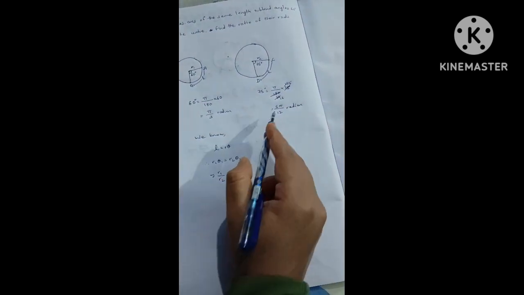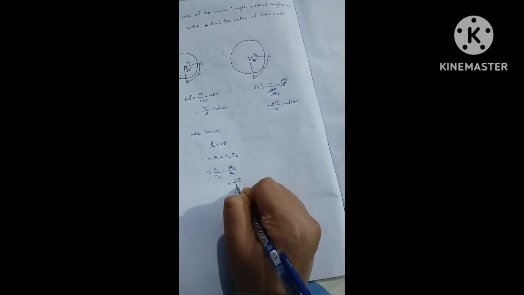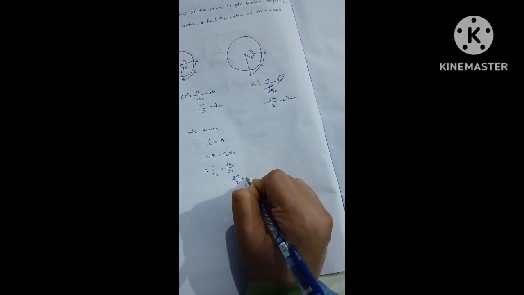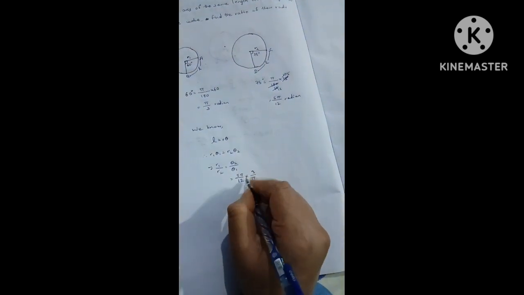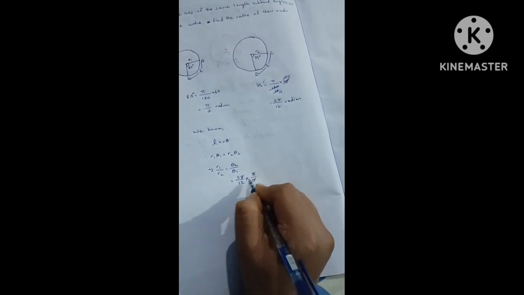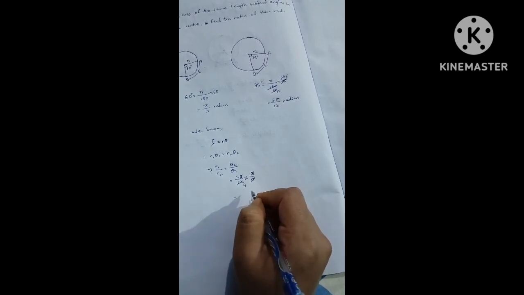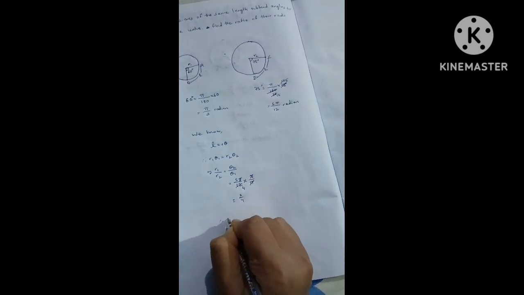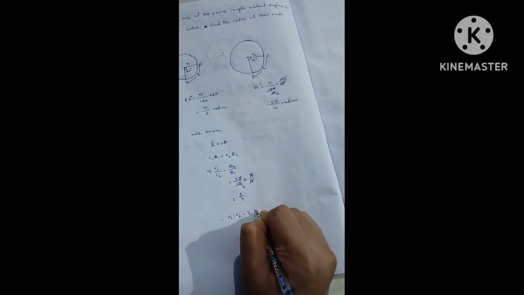Here theta 2 is 5 pi by 12 and theta 1 is pi by 3. Now we can cancel this out. Pi gets cancelled, 3 times 4 is 12. So the ratio is 5 by 4. Therefore, R1 is to R2 equal to 5 is to 4.